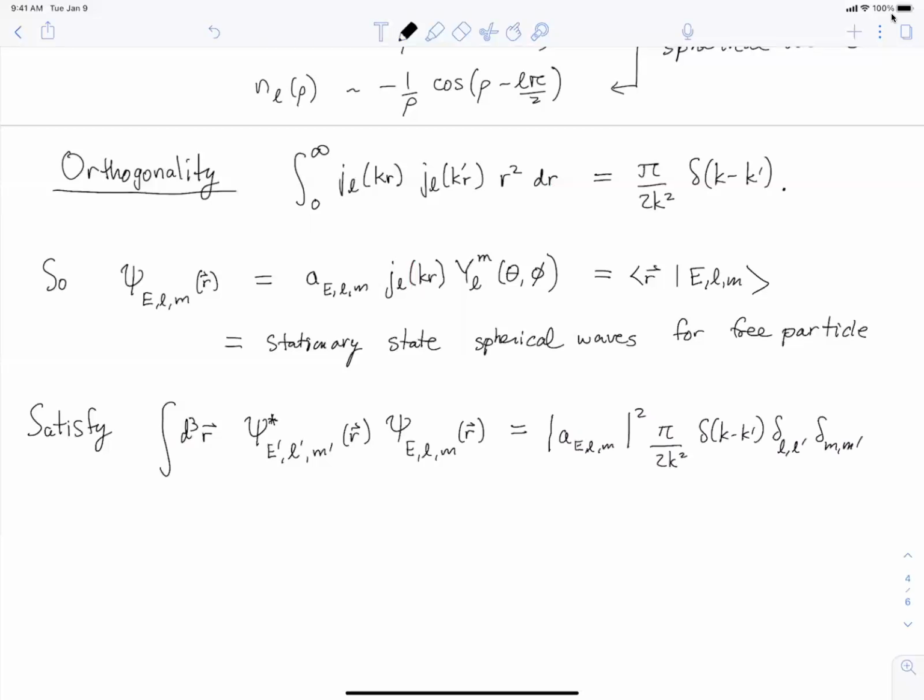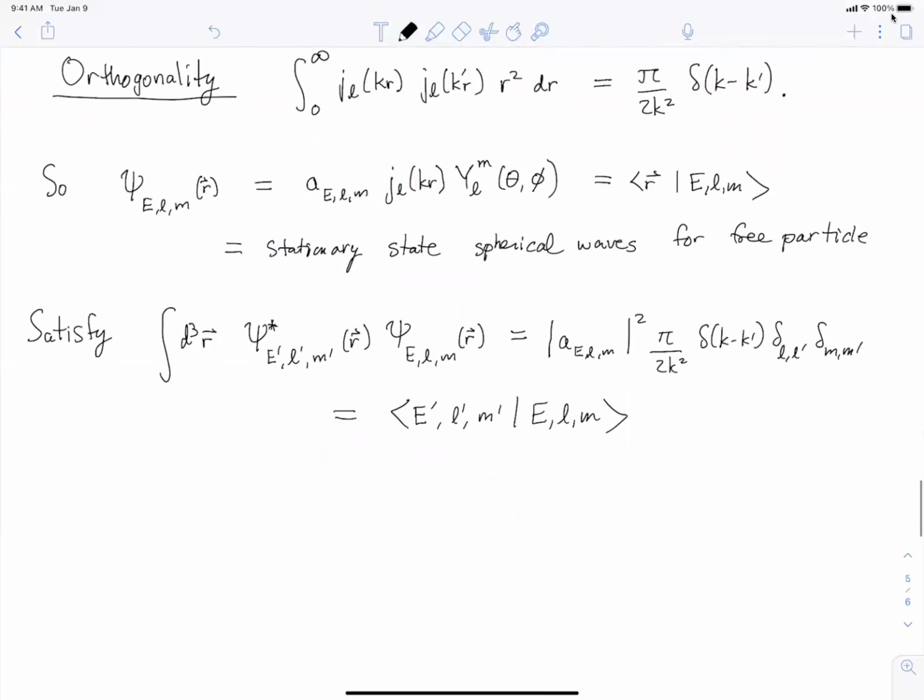Okay, and this is because this is the inner product. So that's an orthonormality condition, provided that we choose our constant here appropriately.